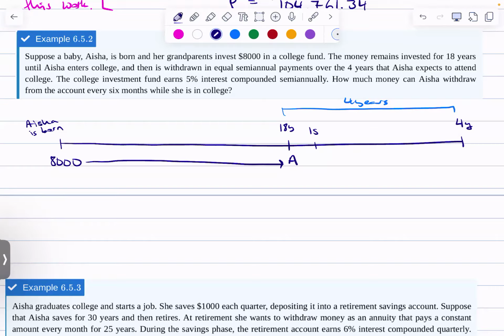I'll use S to be semi-annual. 1S, which is the first 6 months, 2S, and so on, 7S, 8S. So 8 semi-annual payments. And N is 2.